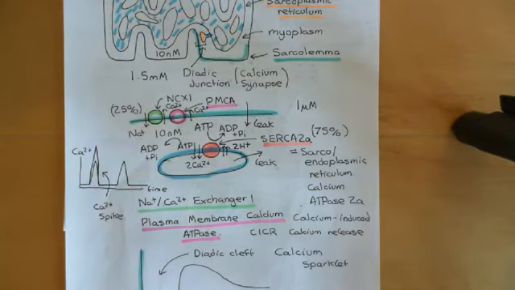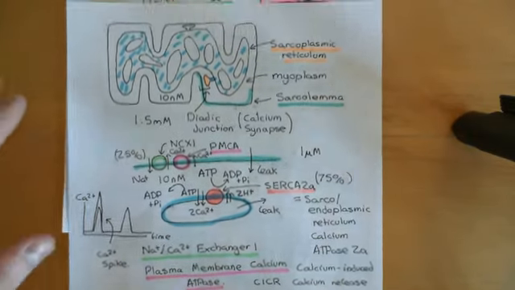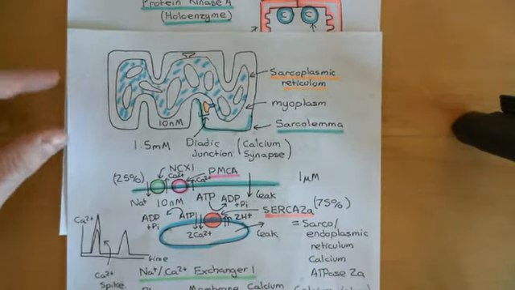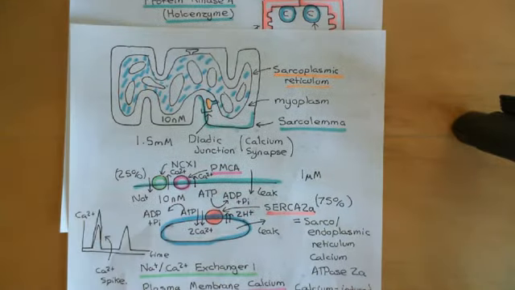That means that your cardiomyocytes are now going to have more calcium stored in their sarcoplasmic reticulums. So when you activate the cardiomyocyte, when an action potential fires along the sarcolemma, the amount of calcium that it's going to cause to be released from the sarcoplasmic reticulum is going to be greater, because there's more calcium now in the sarcoplasmic reticulum.